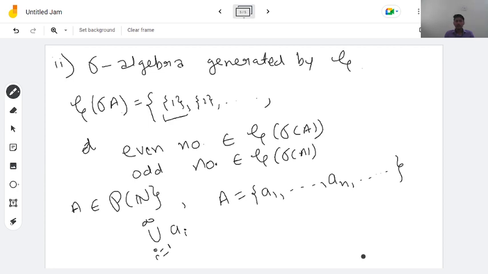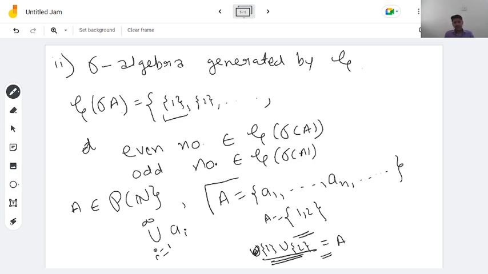For example, if A equals {1, 2}, then we can also write it as the union of the single sets {1} and {2}. This is our A. So the point is, any set A in the power set of N can be written as the arbitrary union of the elements of that set A.